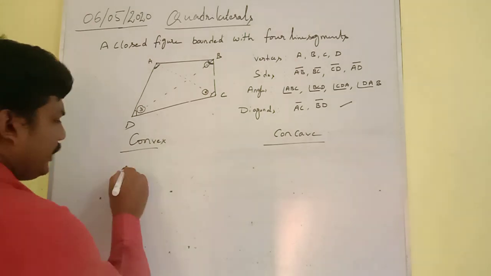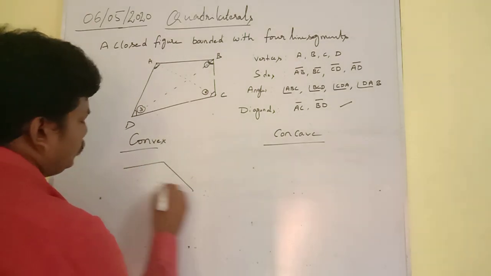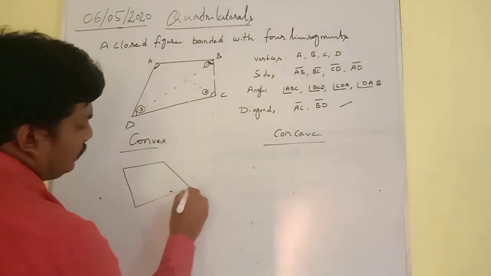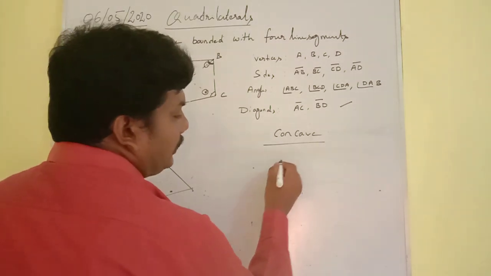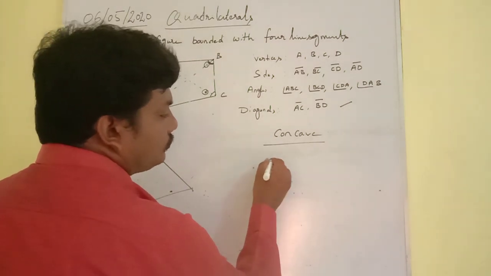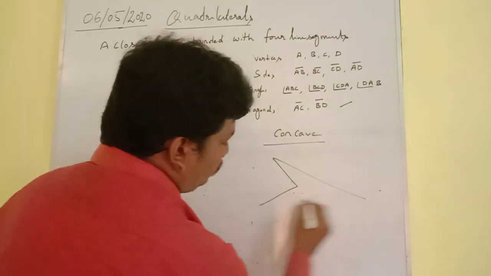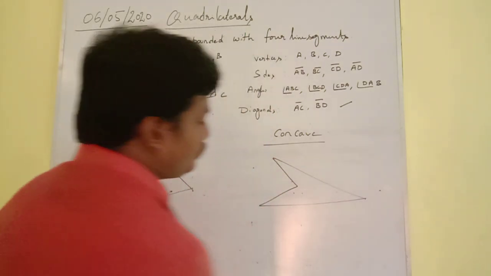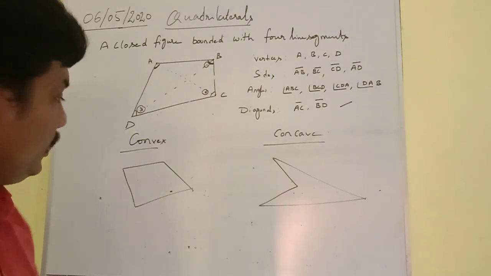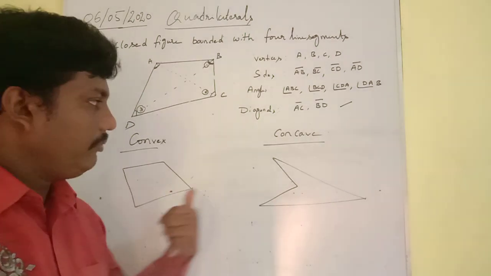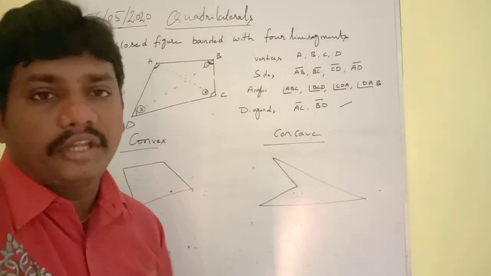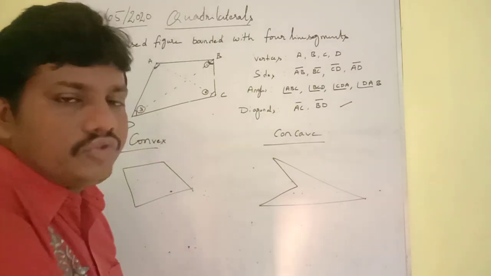If you consider any quadrilateral, this is a quadrilateral convex type and this is quadrilateral concave type. What is the difference between these two quadrilaterals?